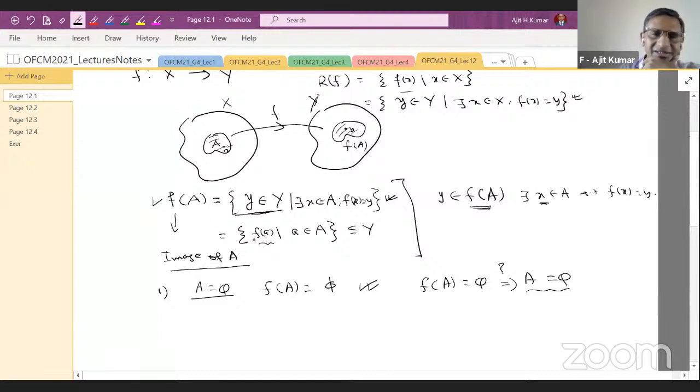Because what is f of A? It is the collection of all f of a. So if A is non-empty, there is at least one element a in capital A such that f of a will lie in f of capital A. So in that case, this cannot be empty. So this is also true. In particular, f of A is empty if and only if A is empty. This is quite simple to look at. Is this clear to everybody?